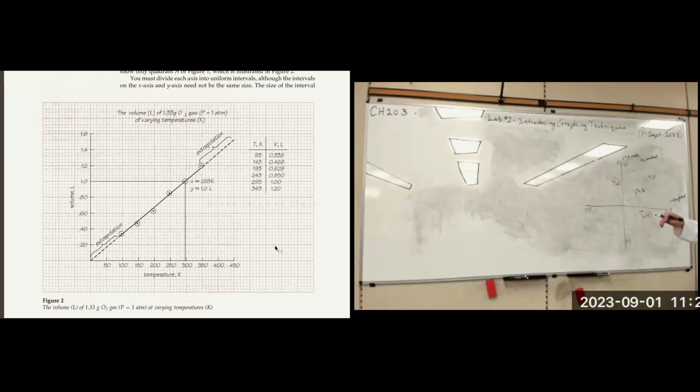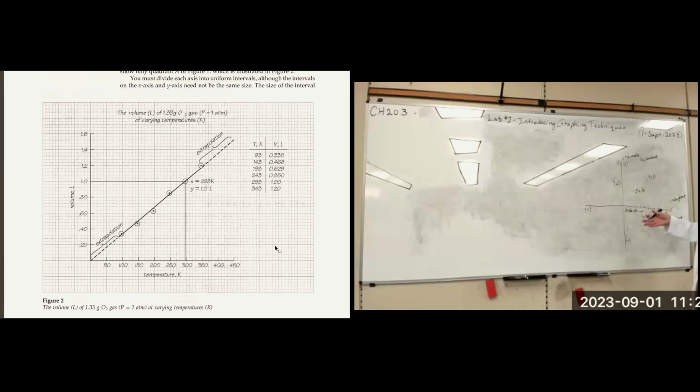Okay, so you have to identify the axis and the units of measure. And then you also have to say, where are the units of measure on that line? Is it maybe 50 here? It may be 75. Well, that wouldn't be right. 50, 100, and then 50 more is 150, and you just keep going up.